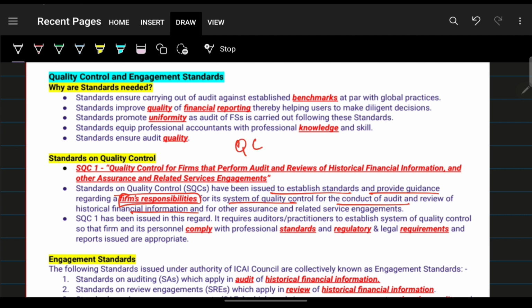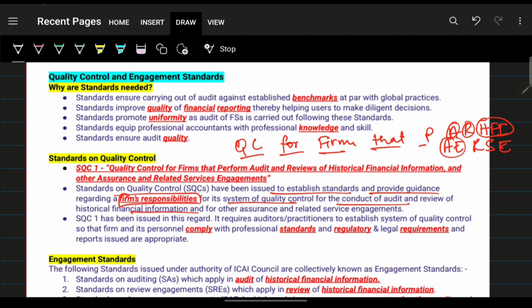So this is the name for SQC1: quality control for firms that perform audit, review of historical financial information and assurance engagements and related service engagements.